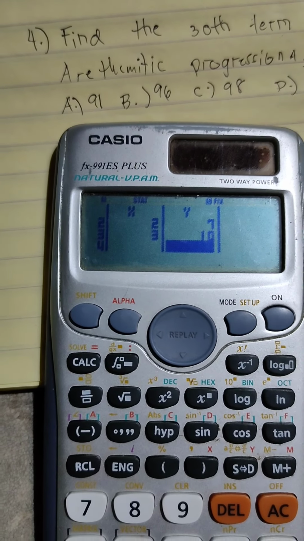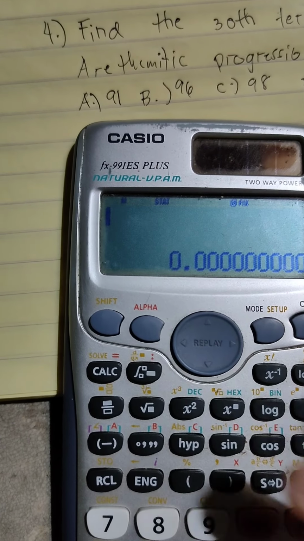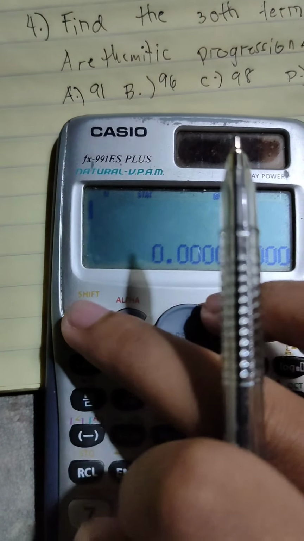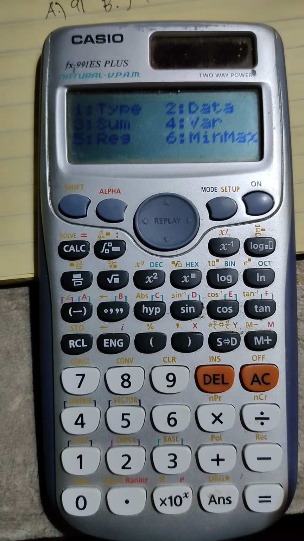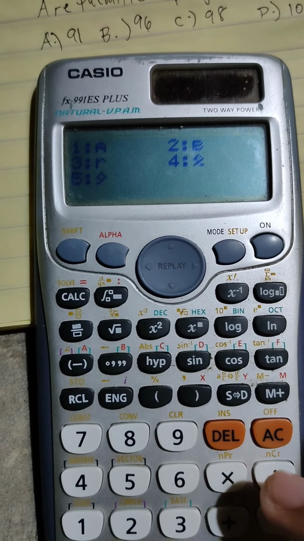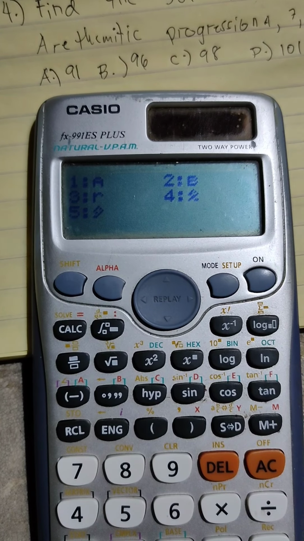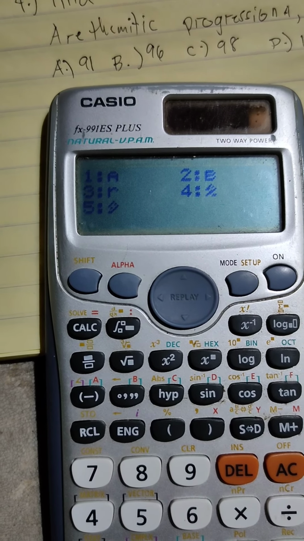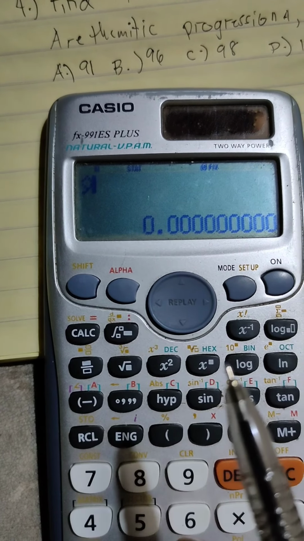So we'll press AC. Now we'll click shift start, which is 1, then 5. In this problem we are tasked to find the y, so our y here is the alpha, number 5.